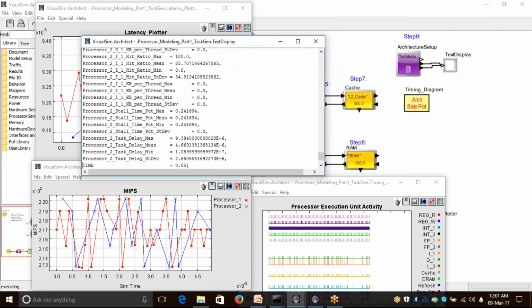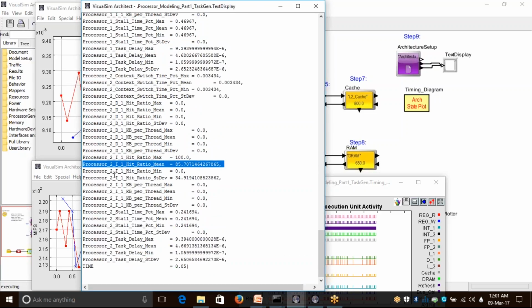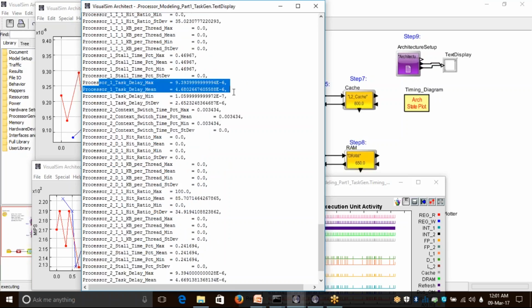We also have additional reports, such as the statistics of my complete platform. For example, we are looking at the instruction cache hit ratio, which has a mean hit ratio of about 85%. We are also looking at processor task delay.